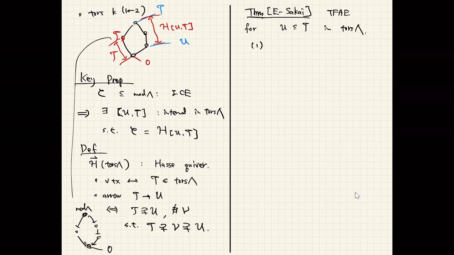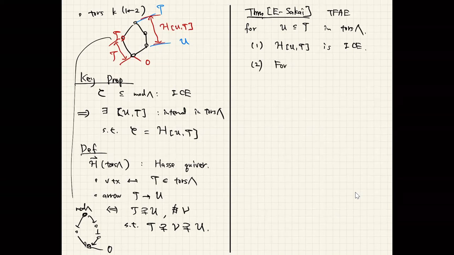The first condition is that the heart H_UT is ICE-closed. The second condition is a purely poset-theoretical, combinatorial condition.